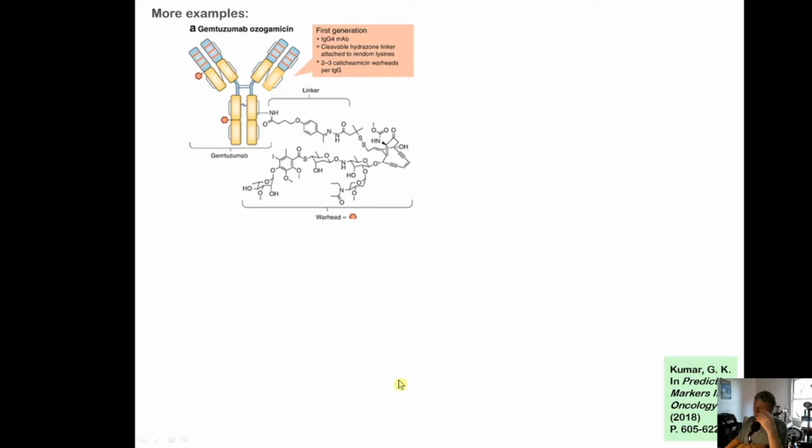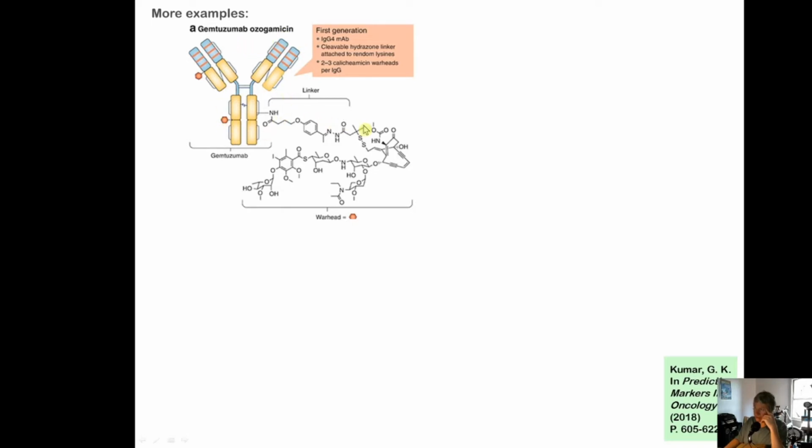Okay, a couple more examples of antibody drug conjugates that are on the market. This is gemtuzumab ozogamicin. They all have fun names to pronounce. Probably mispronouncing that. So it has an antibody part to it.